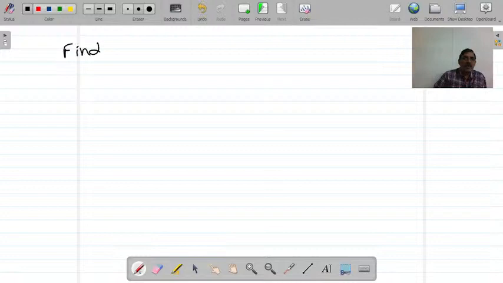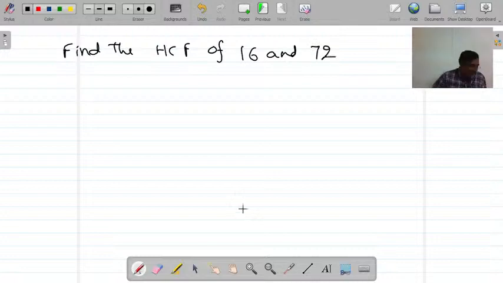Find the HCF of 16 and 72. Find the HCF of 16 and 72. You try this problem. Okay, I hope all of you understood this. Now you can try.